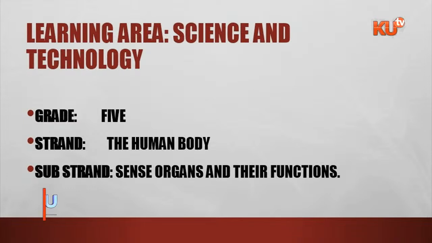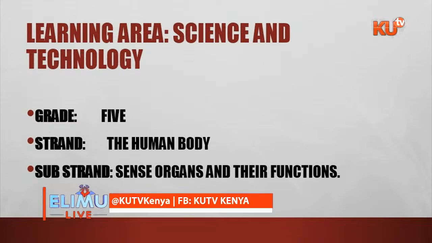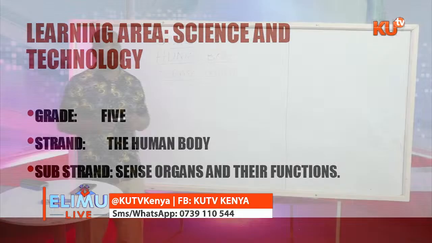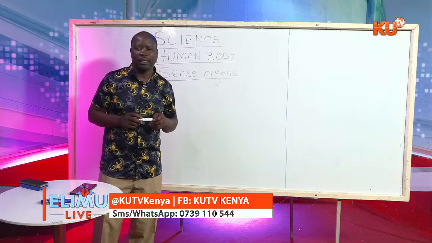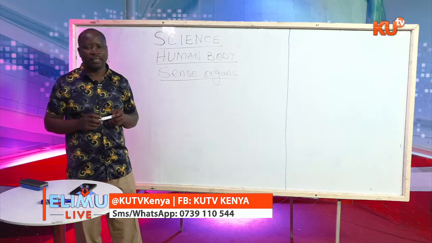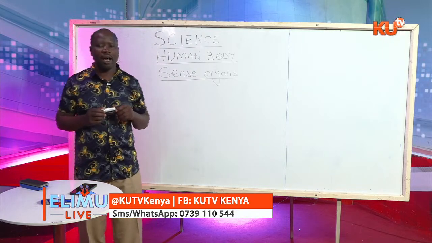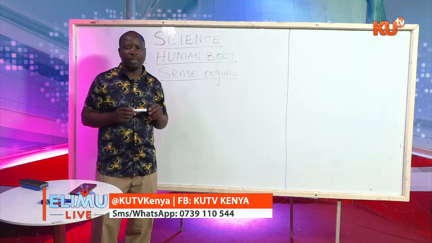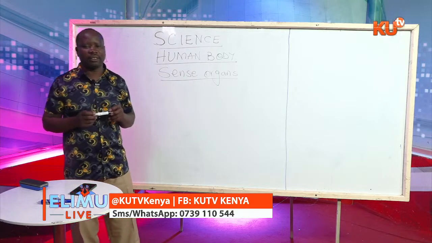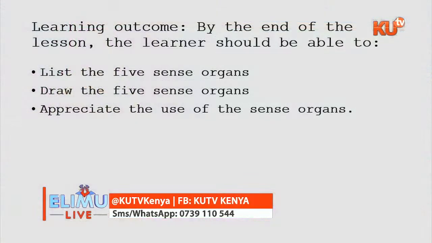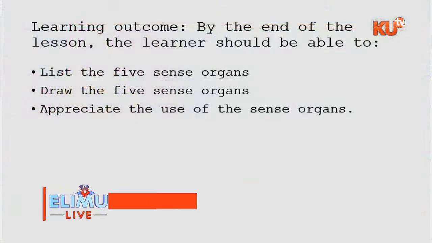Now, as we move on, by the end of this lesson, I will expect you to be able to list the sense organs that we as human beings have. You should be able to list all the sense organs and their functions. What are these sense organs and what are their functions?